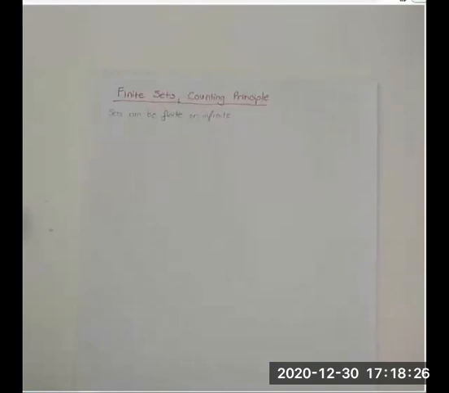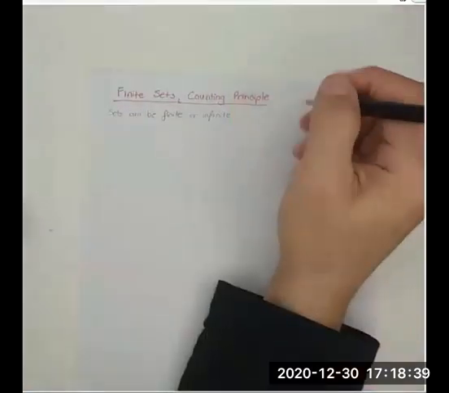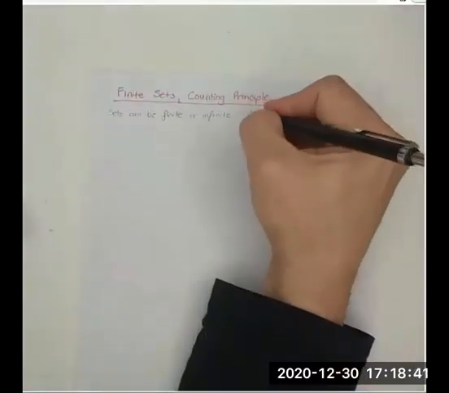Maybe there are so many elements inside the set, and we can say this is a countable set, and we will say it is finite, or there could be infinite elements inside the set.